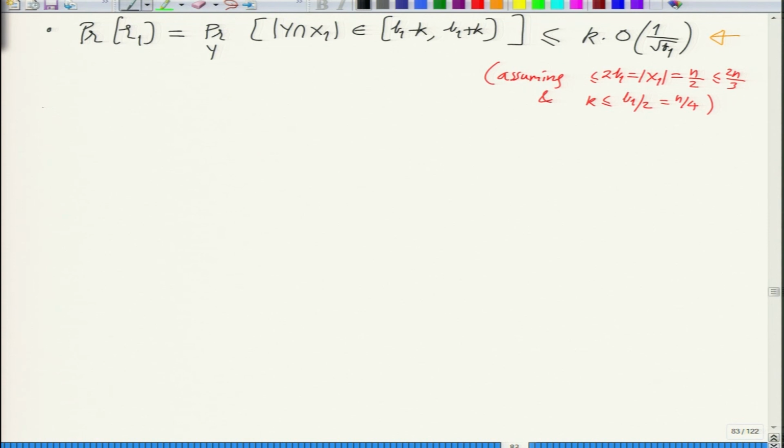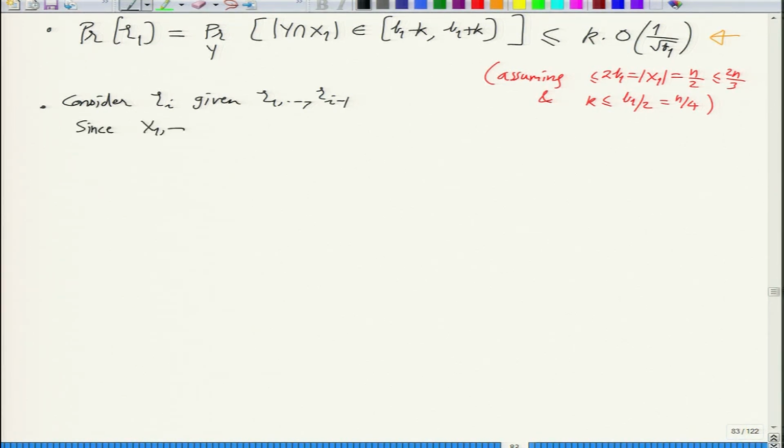So let us now move to the general case. Consider Ei given the previous events 1 to i minus 1.